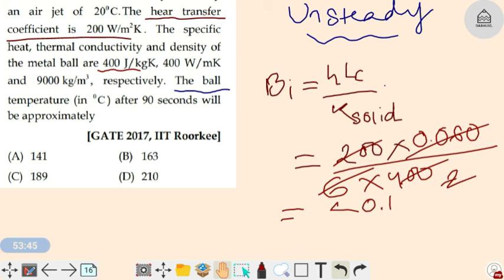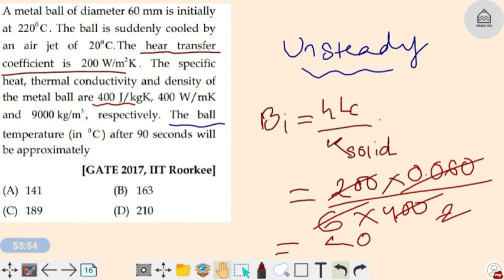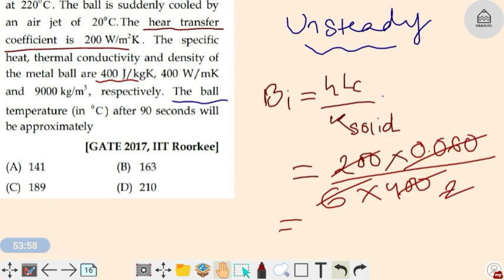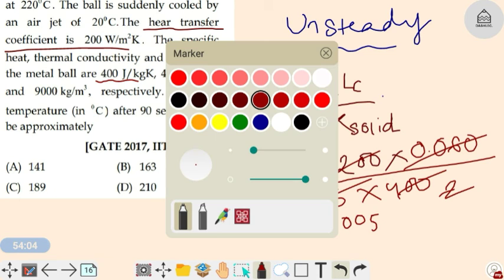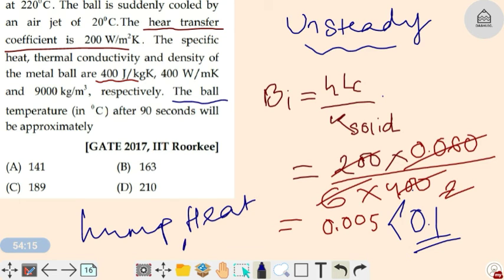Divided by 12. The value is 0.005, which is far less than 0.1. So my lumped heat analysis is applicable.